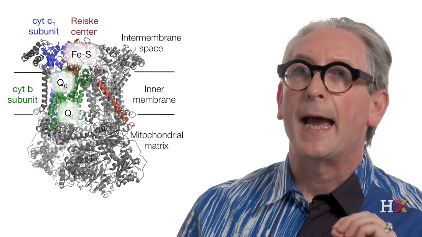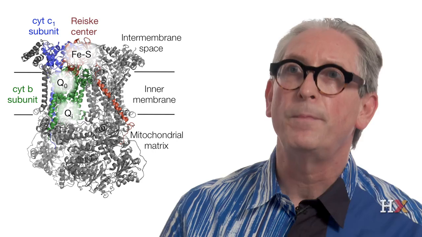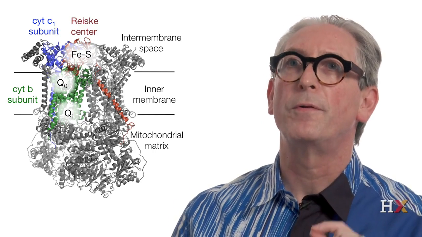And the third subunit is cytochrome B, which is embedded in the inner membrane of the mitochondria, contains 2 hemes, as well as 2 binding sites for coenzyme Q, called Qo and Qi.